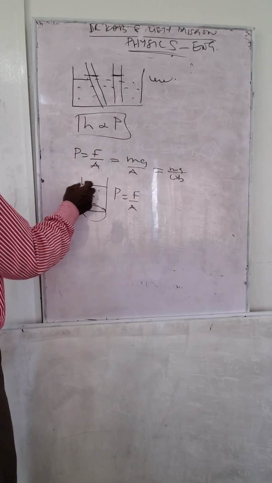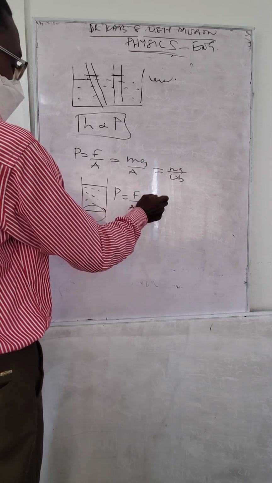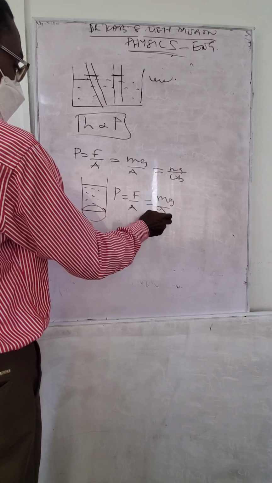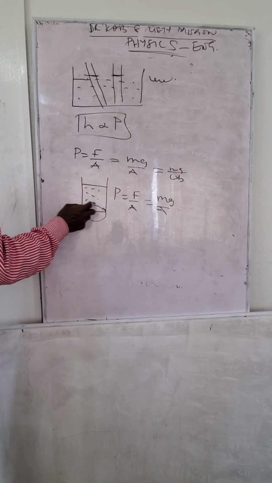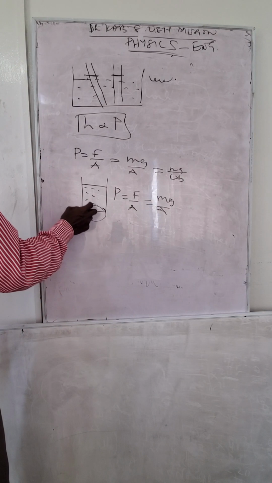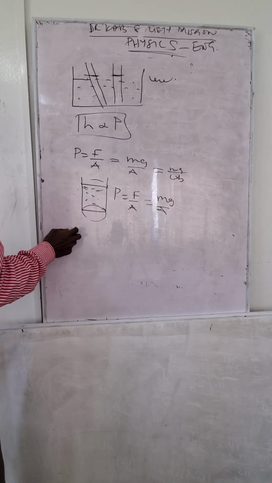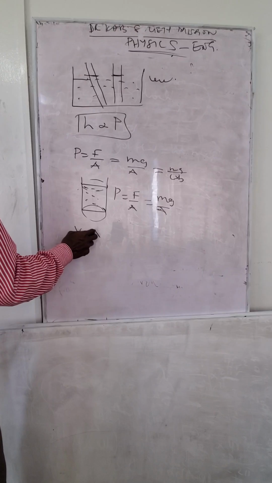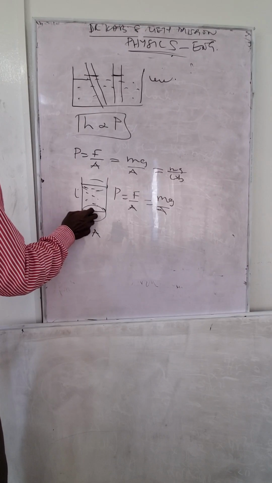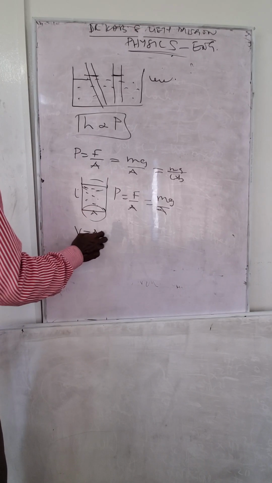Right. Now the force is equal to mass times gravity over area. How do you get the area here? You know the area of a cylinder. The volume of a cylinder is the cross-sectional area times length. Okay.